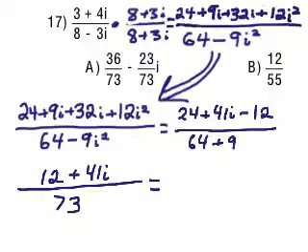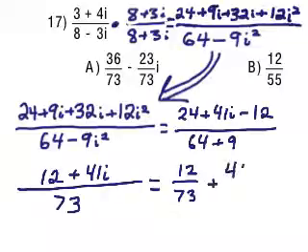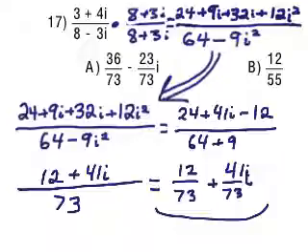We have to have the real number term and the imaginary term, and the real number term comes first. So we'll divide the 73 into the 12 and the 73 into the 41i, or we'll actually make fractions out of them, really. So we have 12/73 plus 41/73 i. There we have it.